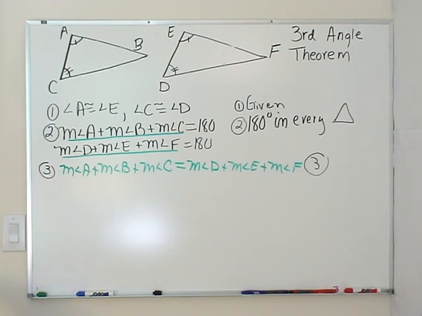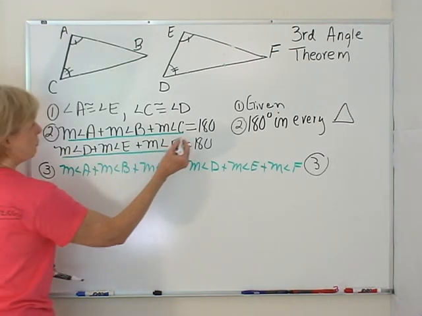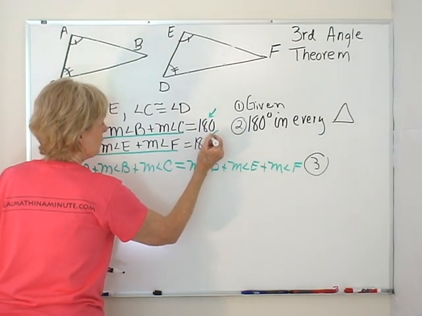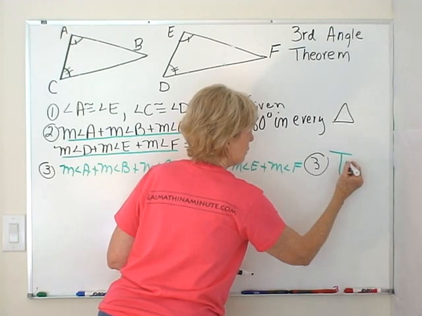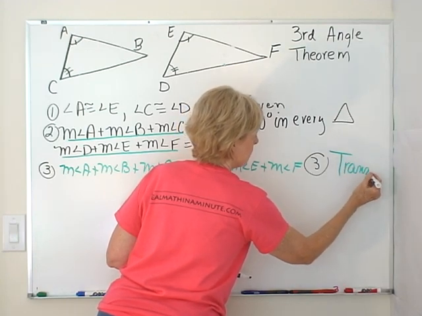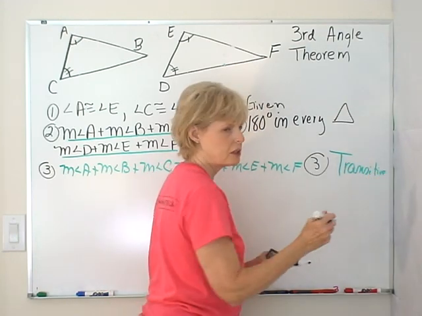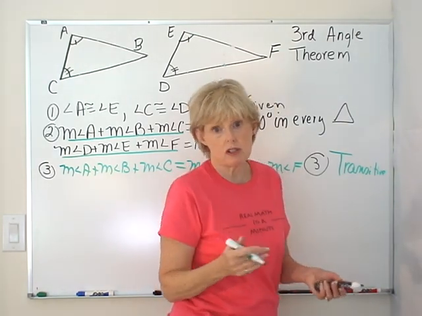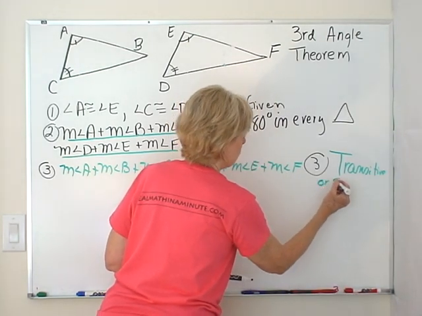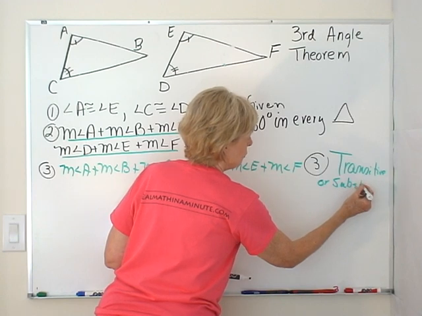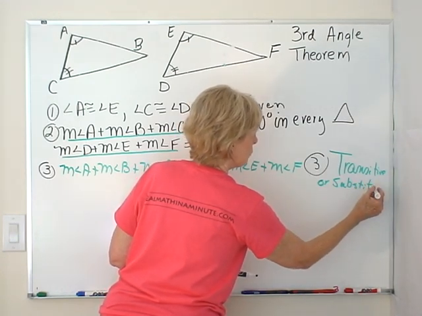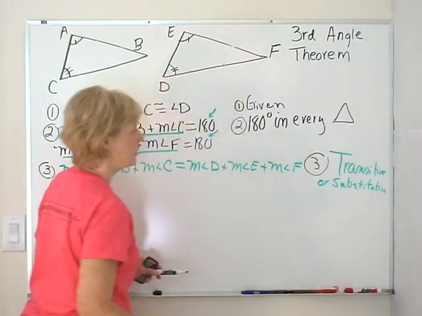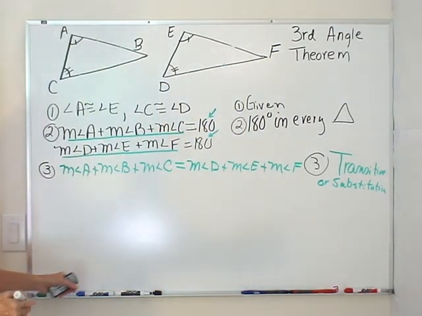Because if we write it down, we have to have a reason that allowed us to write it down. We say, well, they were both equal to 180. Two things equal to the same thing are equal to each other. So I can say transitive. And because I'm substituting into an equation, I could also say substitution. It really does not matter. Either one. Don't have to put both.